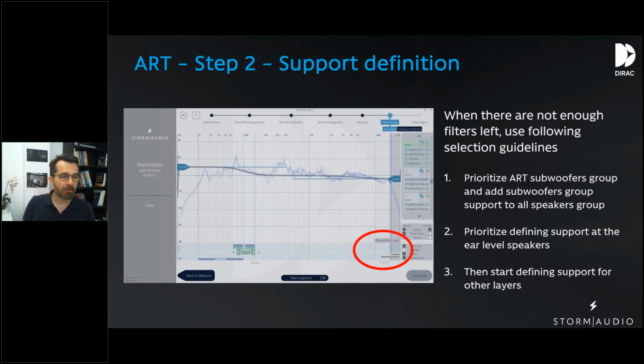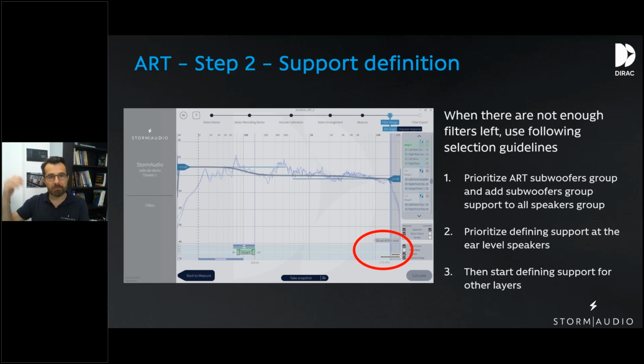We mentioned the topic of having limitations on the number of filters. In that case, you may end up with the need to do some compromise. What we do recommend is that in a room, the main problems come from the very low frequencies, right? Because of the room modes, because of the difficulty to have tight bass and all that. So we recommend you to start prioritizing the best support definition for your subwoofer group, okay? Whenever you're done with that, start with your ear level speakers. So your traditional LCR, surround back, etc. If you still have filters, then you can start involving the height speakers.